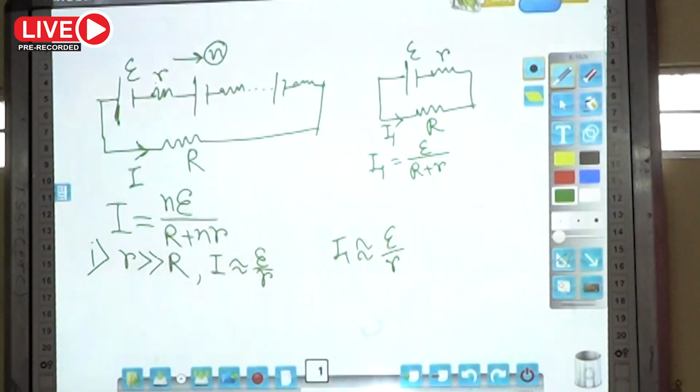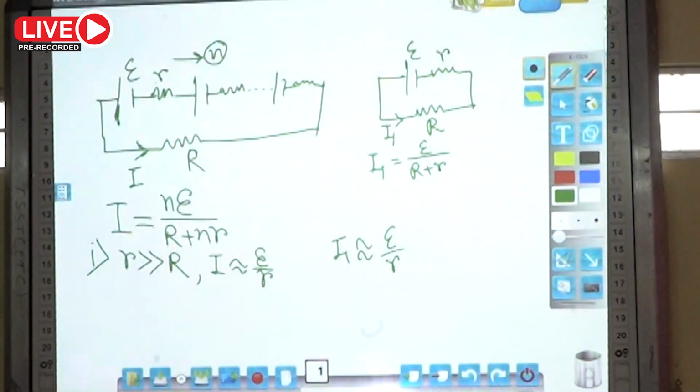Means, if you have one cell having very high internal resistance than the external resistor, then whatever the current you will get from this cell, if you connect many cells in series, the same current you will find. Means, connecting more cells in series will not be beneficial.